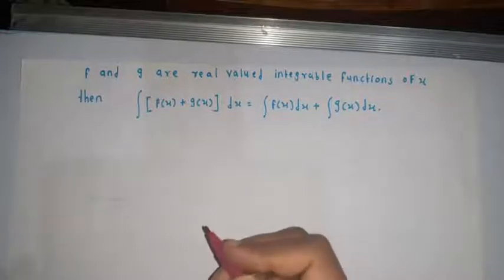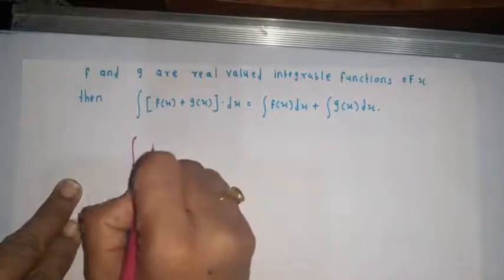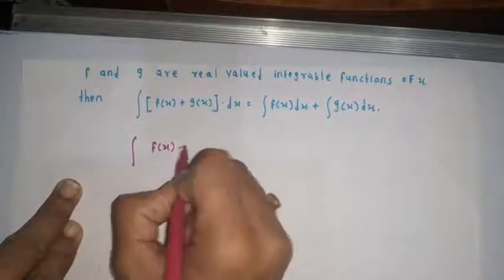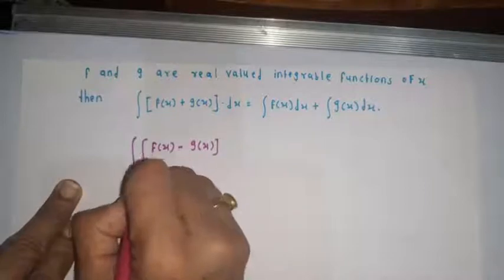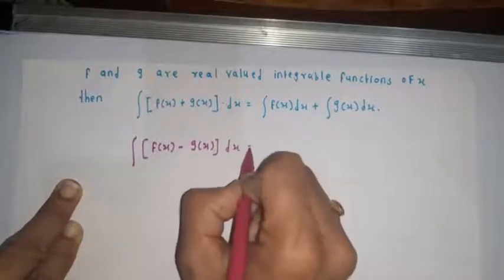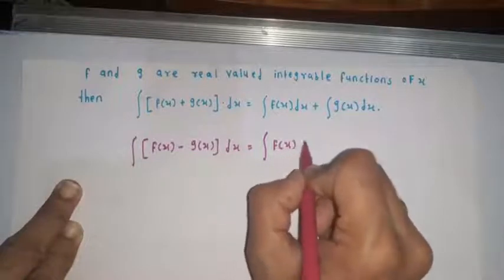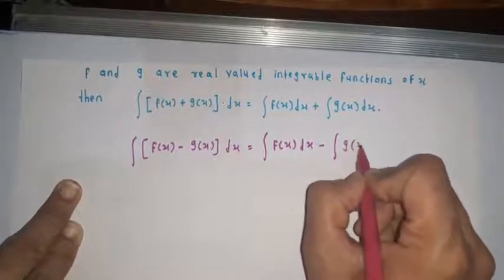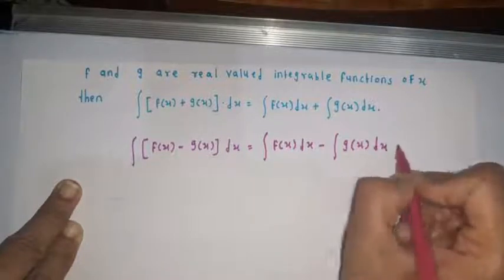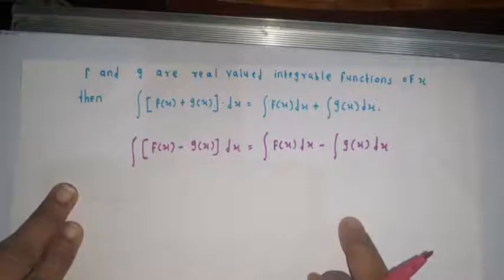Suppose again integration of f of x minus g of x with respect to x. Its integration is integration of f of x with respect to x minus integration of g of x with respect to x. That means take their integrations separately.